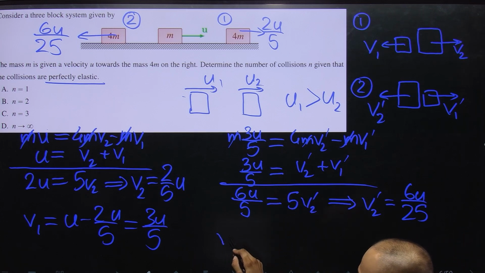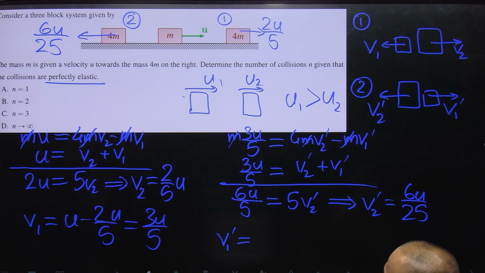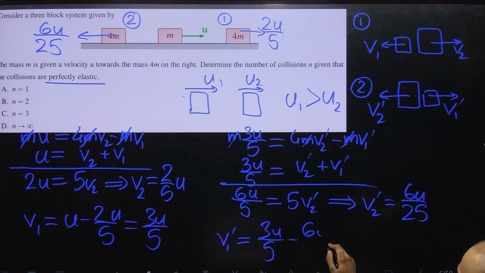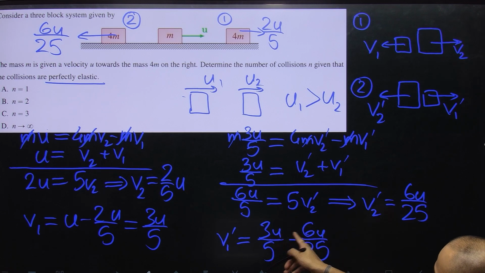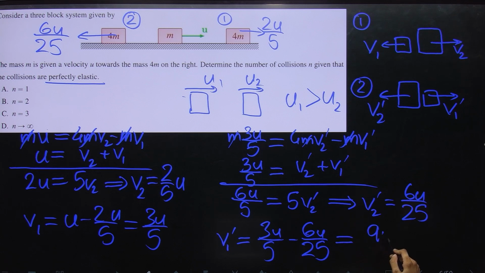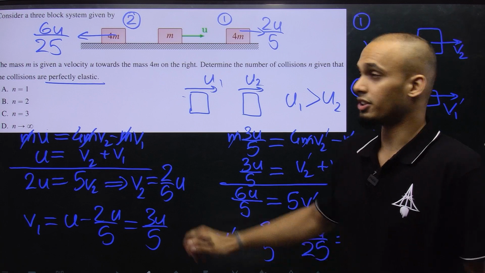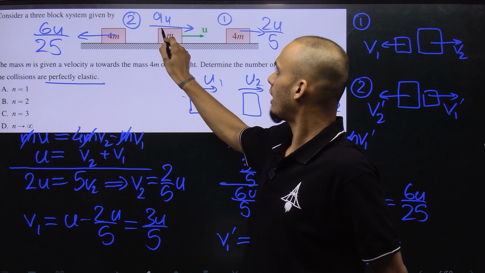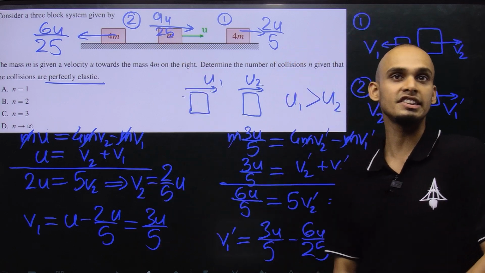So v1 dash will be 3u by 5, the initial speed, minus 6u by 25. To make the denominator common, we multiply by 5: 15u minus 6u, that is 9u upon 25, will be the velocity with which the block of mass m moves after the second collision.